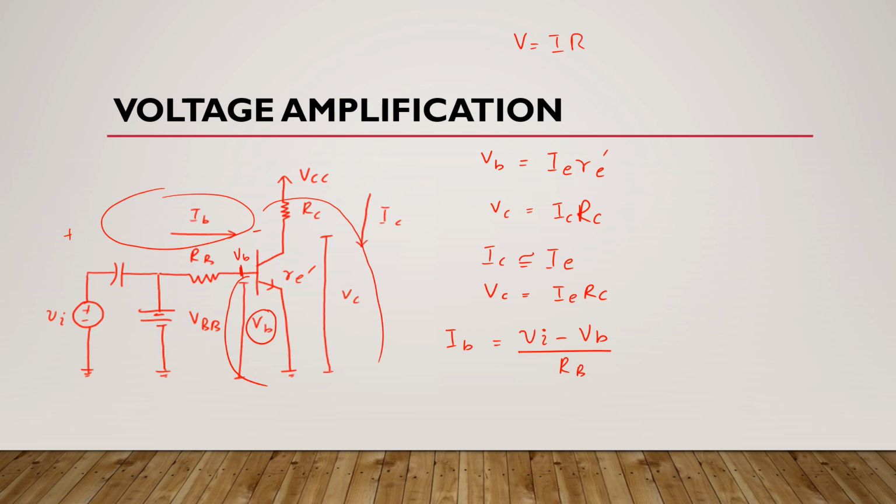If we rearrange this equation, we get VB is equal to VI minus IB RB.